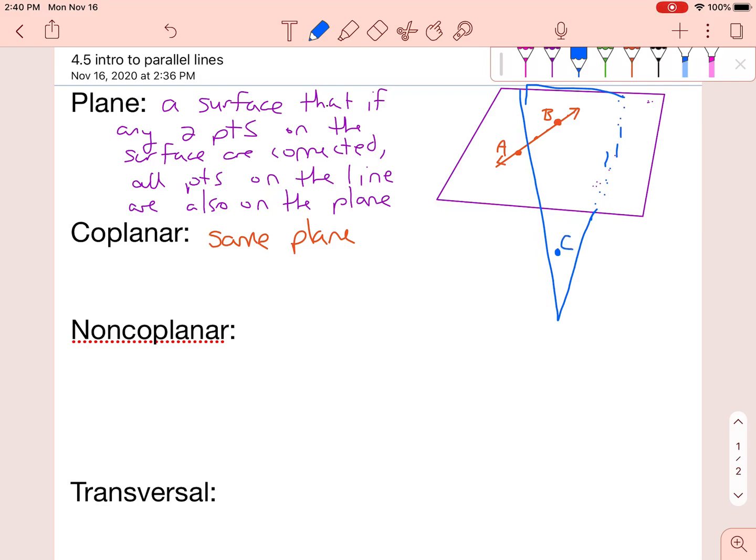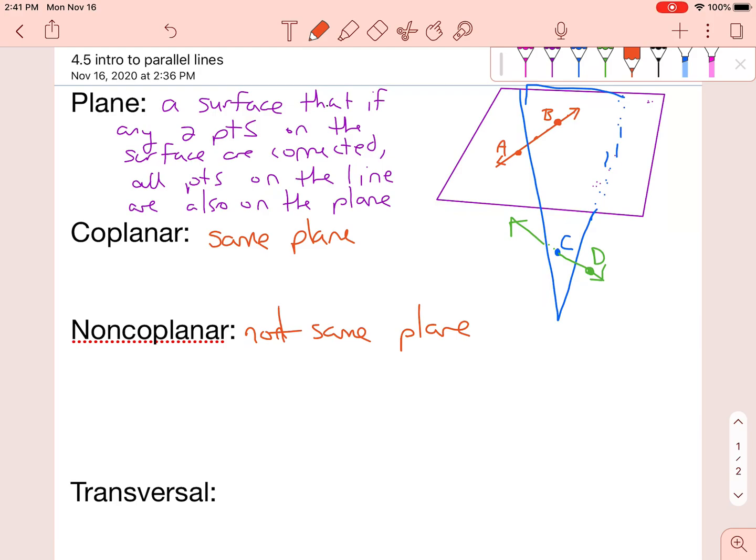We'll call this C. And let's pretend that there's, you know, a line, almost like a piece of a pencil coming through this. Look at this. I can draw 3-dimensional. That green line, you know, is kind of sticking through that blue plane. But that just means that, you know, CD is not coplanar with AB. It's not on the same plane. So not same plane. Just so we have that.